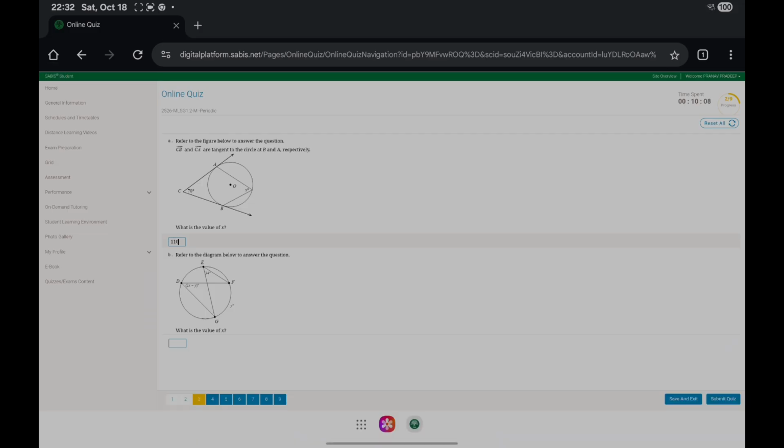Here, chord, we know we can use the theorems for this question. We know that angle D is congruent to angle E. Okay, sorry. So 2x minus y equals 34. And we know that 34 degrees is half y.